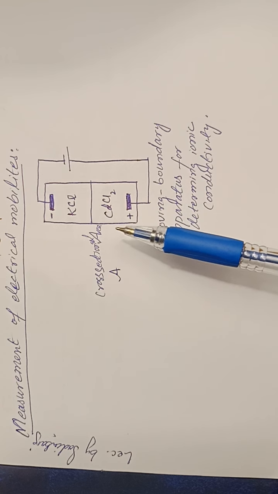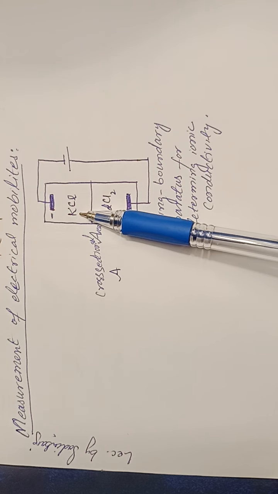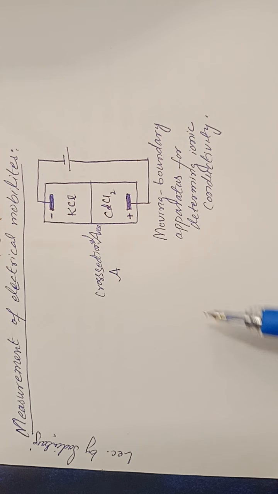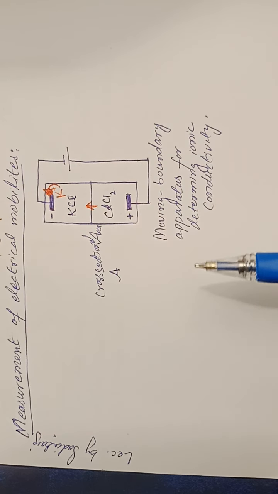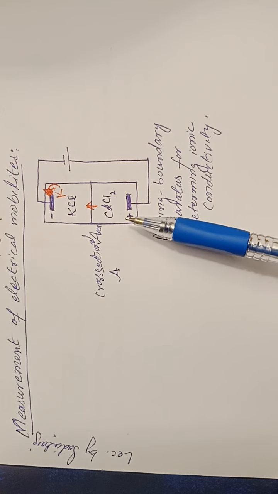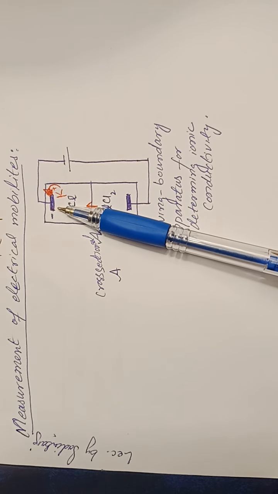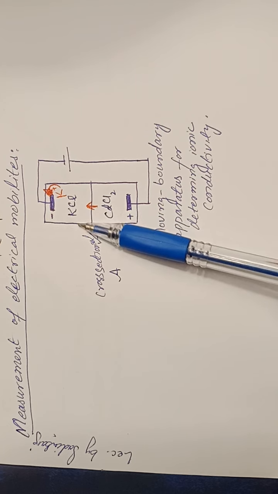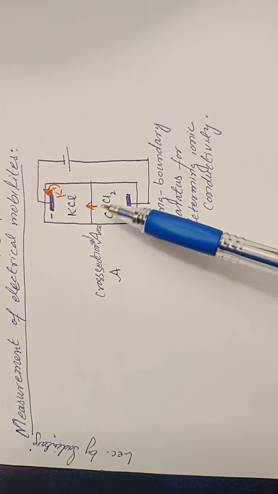When the current flows, the potassium ions migrate upward to the negative electrode, as do the cadmium ions also. Here, due to the electric field, potassium ions are moving towards this negative electrode. Due to the change in the concentration, the cadmium ions will also move in this direction.